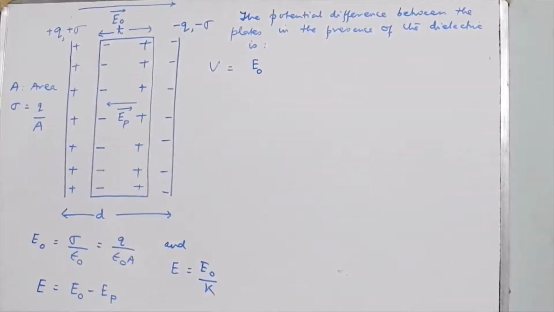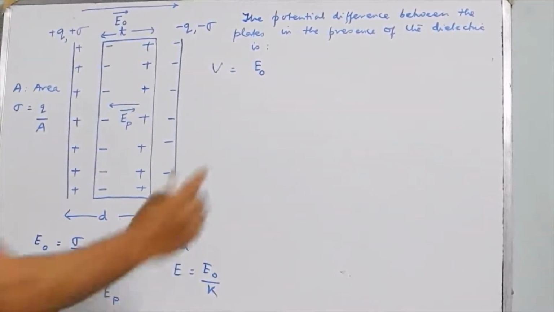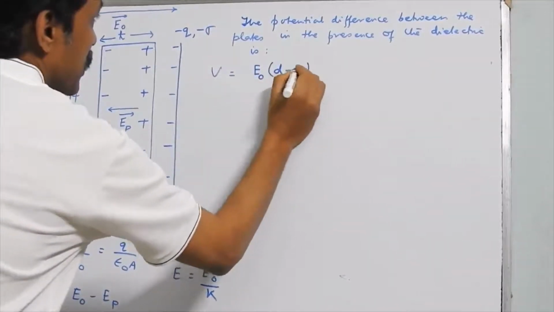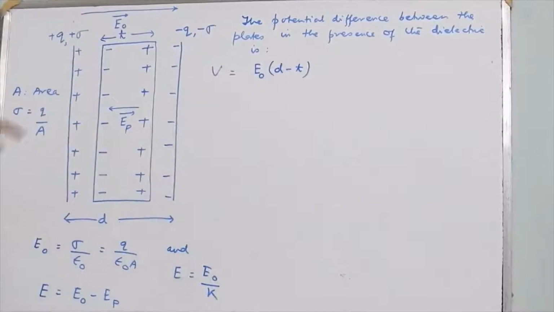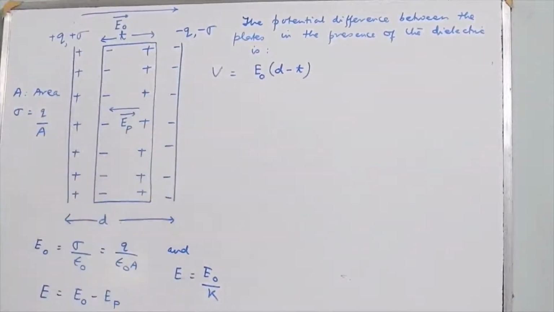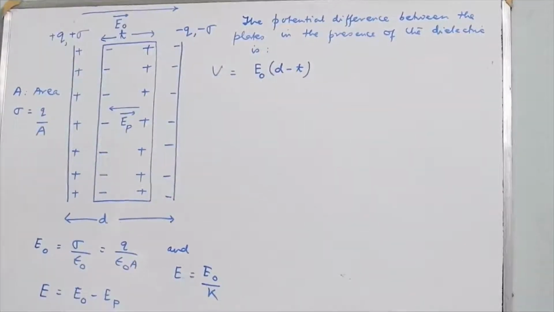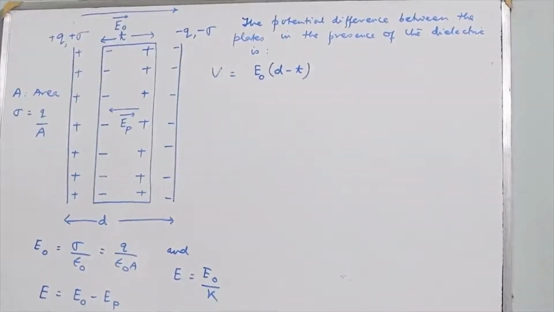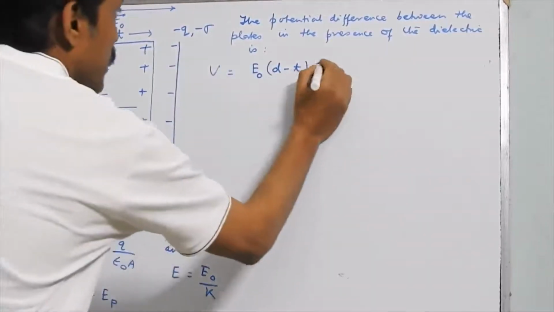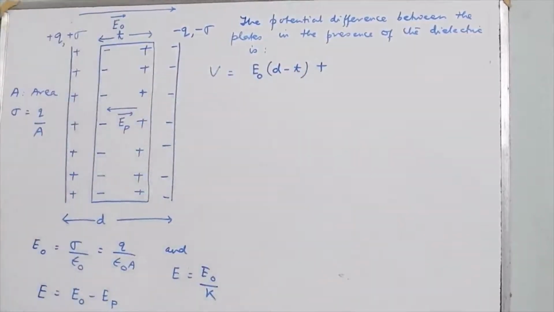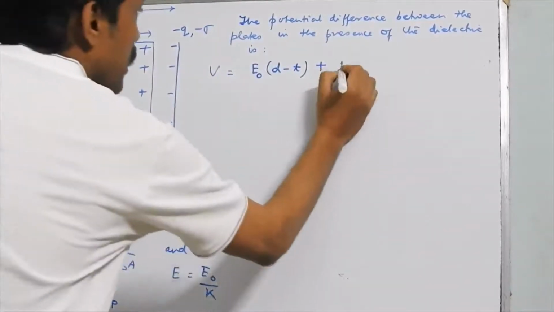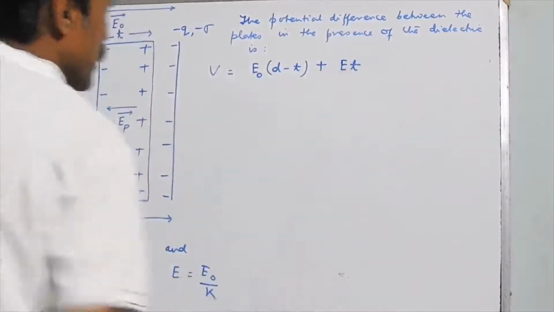So the potential difference will be E0 into (d minus t) in that region. Because in the space d minus t there is no dielectric. This region and this region refers to d minus t. And there is no dielectric, so the potential will be E0 into (d minus t) plus the region of the dielectric where the electric field has modified to E. So E into t will be the potential in that region.